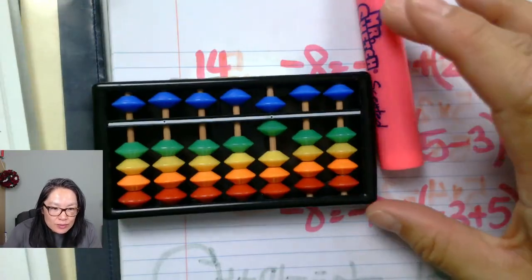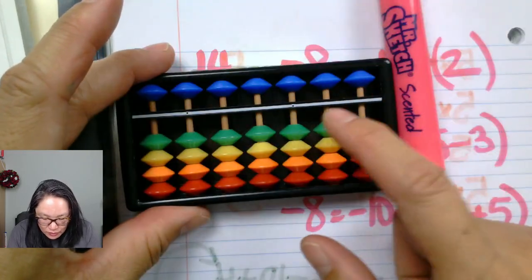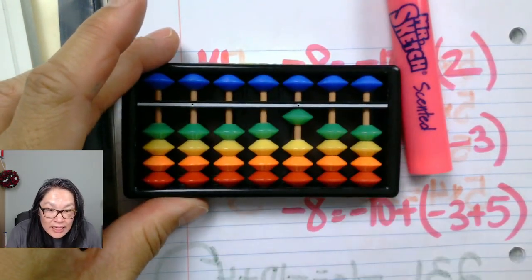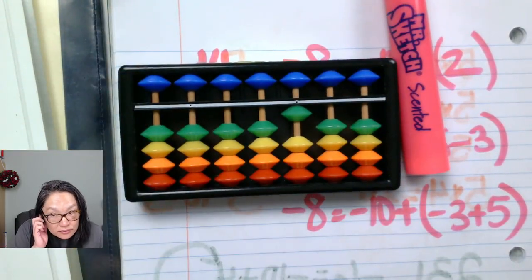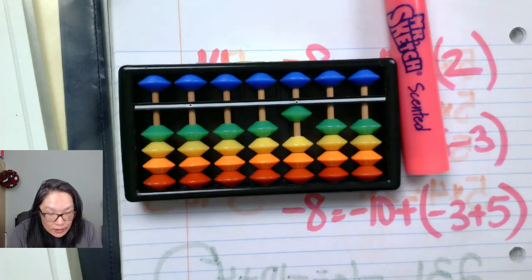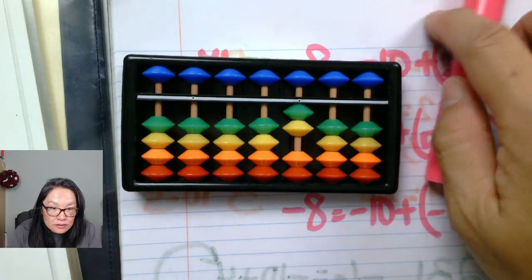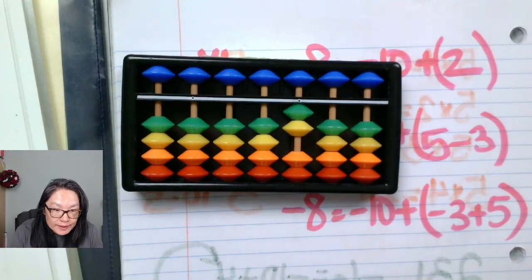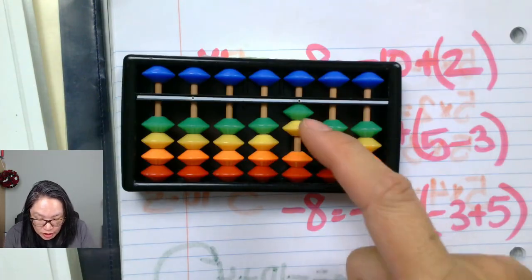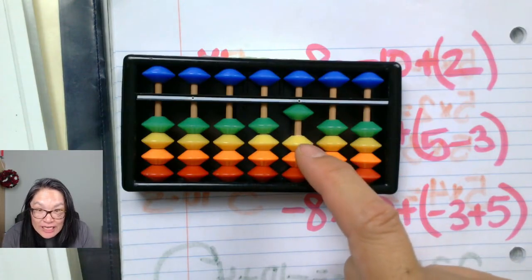How do you do 1 plus 1 on the abacus? Can I add a 1? Yes, we can. So I'm going to add a 1. That is what 1 plus 1 is on the abacus. So when we look, we want to make sure we have enough beads.